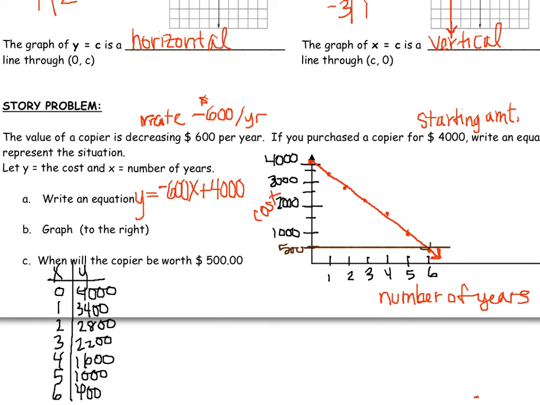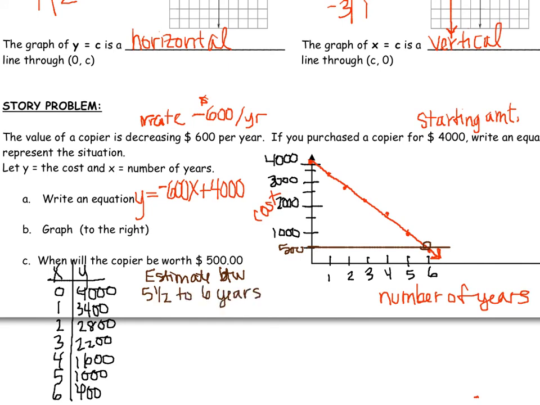Right about there, looks to be pretty close to 6 years. So our estimate would be, at 6 years it's 400, so we know it's not exactly 6 years. So our estimate, we're going to say between 5.5 and 6 years.